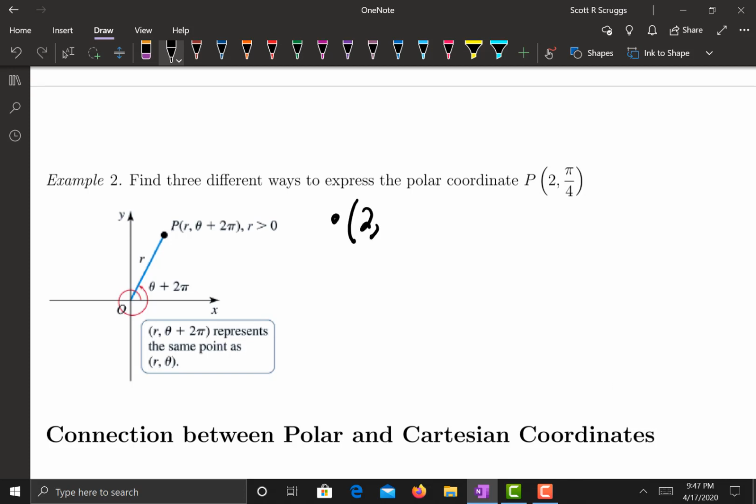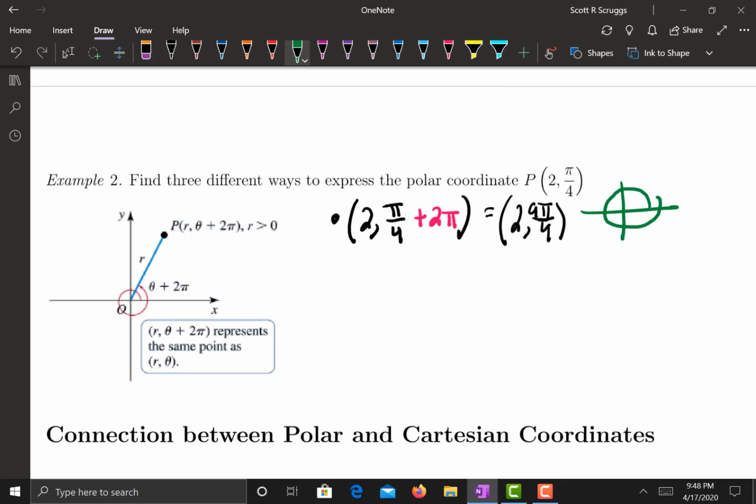One way we can do a different representation is I can add 2 pi to theta, and that does not change the point. Because the extra 2 pi, all that means is I did 1 full rotation around the circle, which will be 9 pi over 4. And so for reference, here's a picture to refer to that.